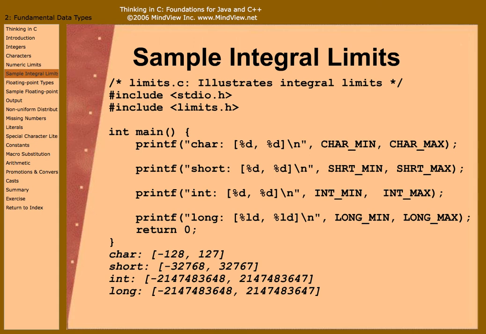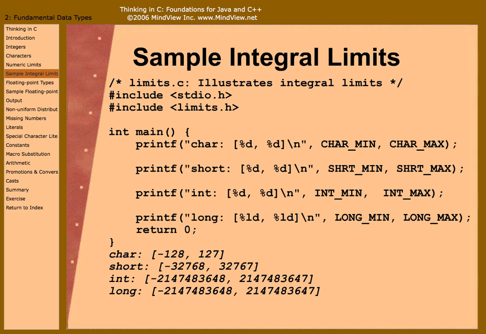So if you look at the first printf statement in this program, it's printing out the limits for the char data type. Looking at the format string, it says char and a colon, so that will be printed out literally. And then you come to the %d, so that says print the next integer, which is the next argument in the argument list for printf, as a decimal integer. Then print a comma, and then the next integer, which will be CHAR_MAX, print that out also, and then a closing bracket.